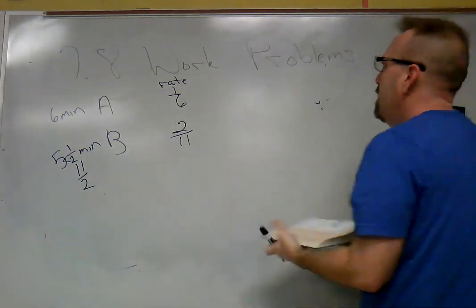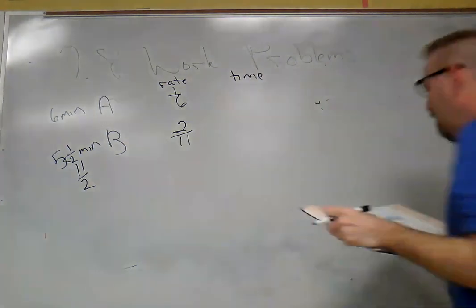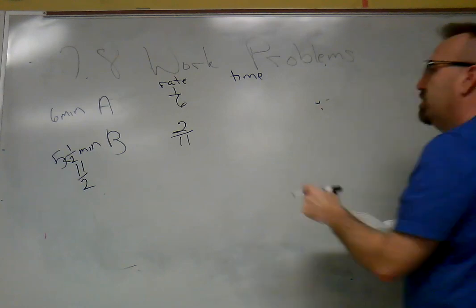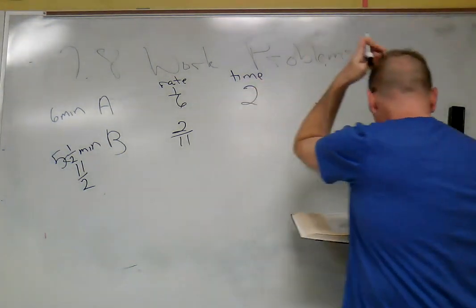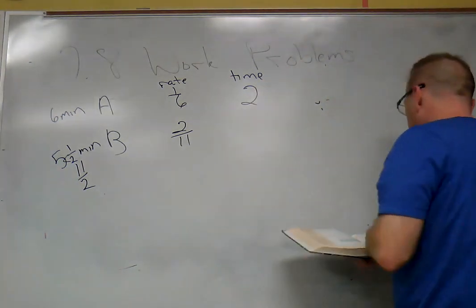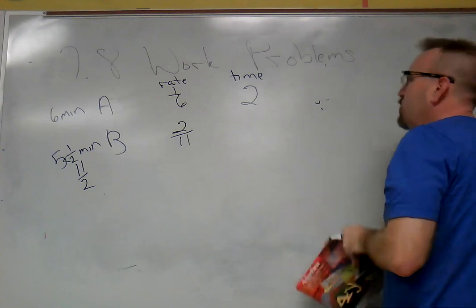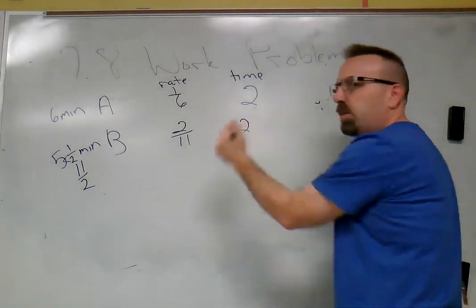All right, for time, they're going to work together for 2 minutes. So A is going to be 2. Together they work 2, but then B has to keep working a little bit more.